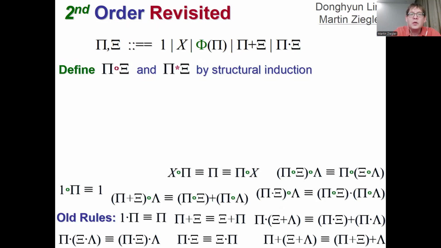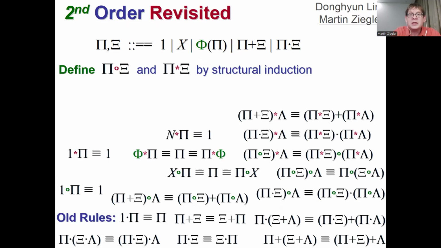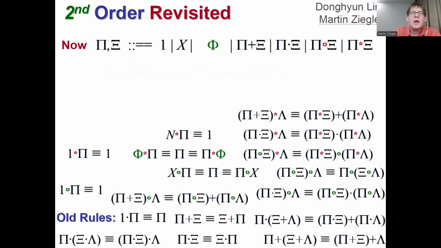We defined two types of composition by structural induction. We observed that this thus defines compositions that also satisfy certain rules semantically. And now we do the same thing as before.